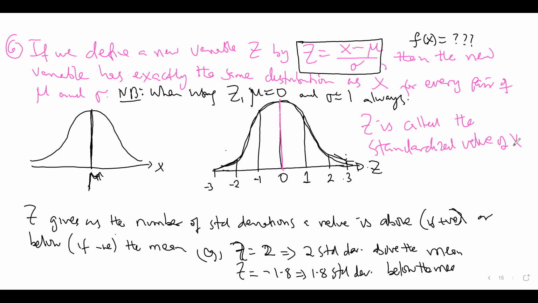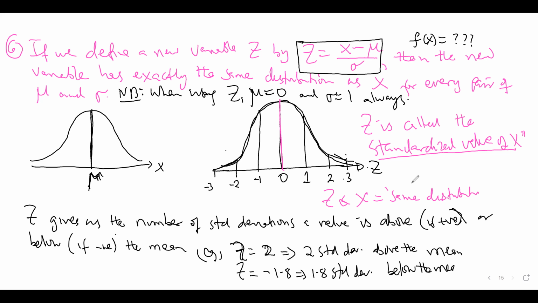So this z is known as the standardized value of x. It is actually a transformation of x, which we are saying has exactly the same distribution as x. So z and x have the same distribution, exactly the same distribution.